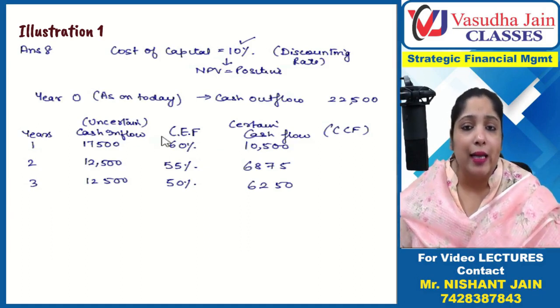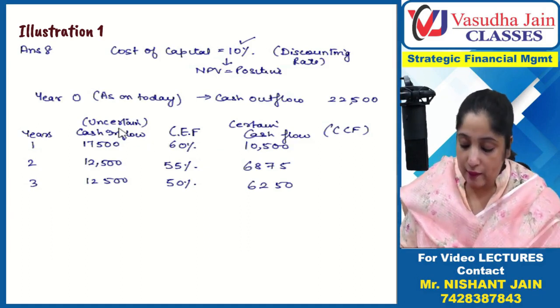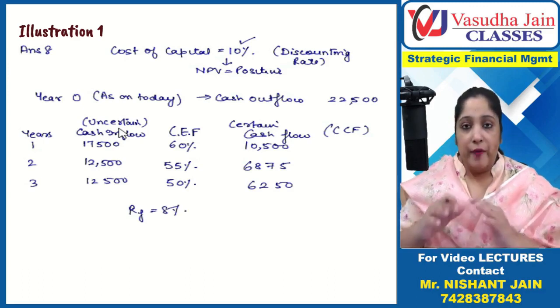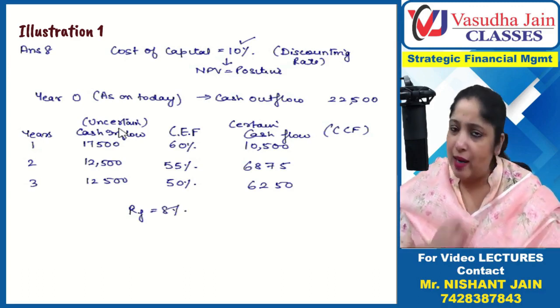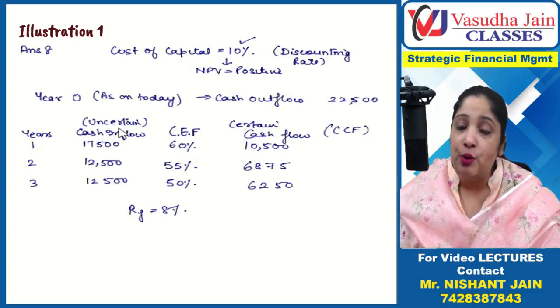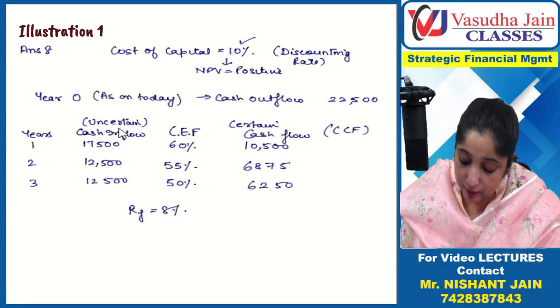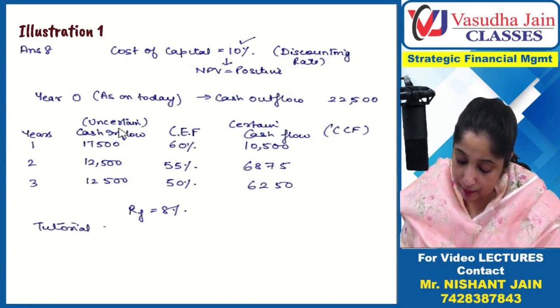Forget uncertain cash flows. Now, we know very well that the risk-free rate of return is 8%. Wherever you invest your money, at least you should get a return of 8%. So let us verify. This is a tutorial note, don't write it on paper.